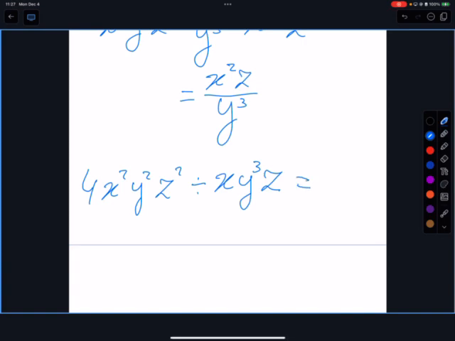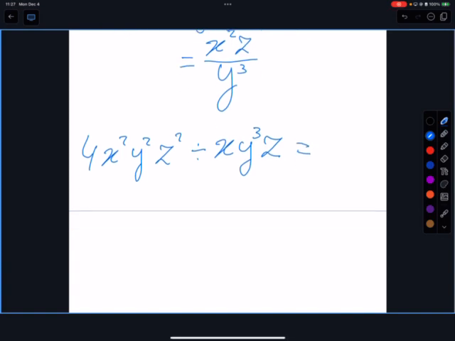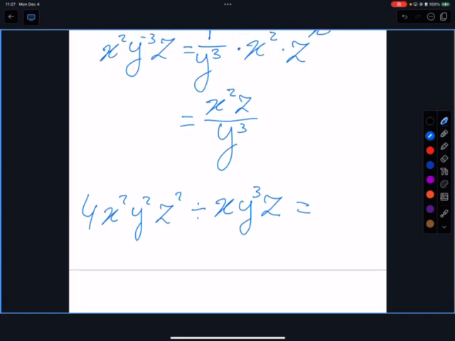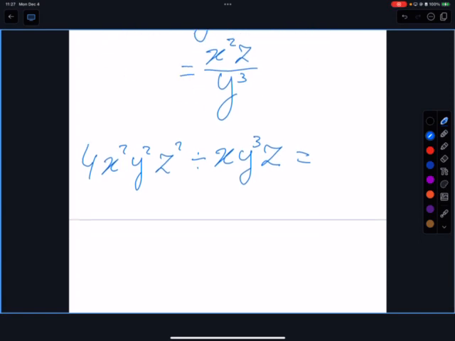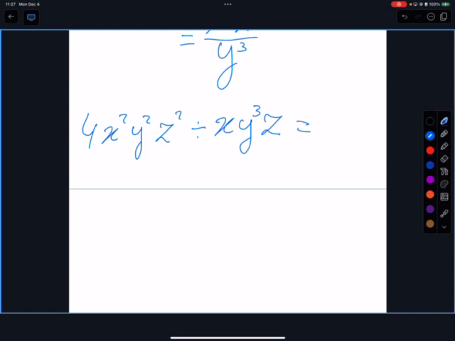Yes, this was one that you had to make. That was pretty easy. So you do the same thing. So 4 gets divided by 1, which is just 4. You have x squared divided by x is just x.